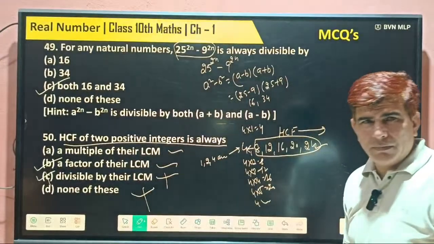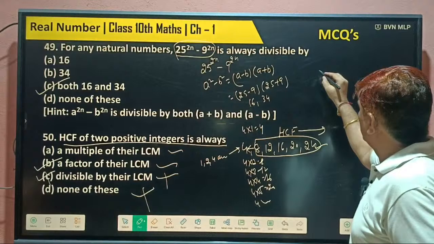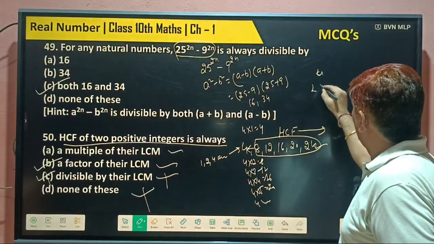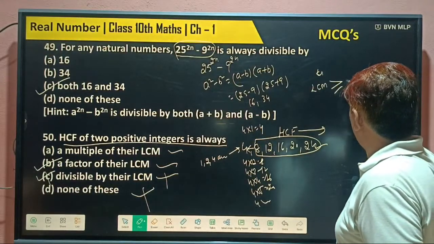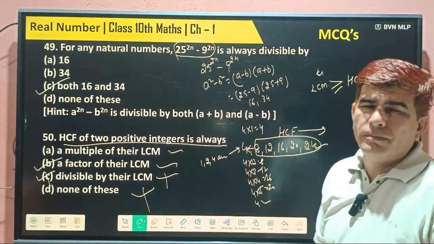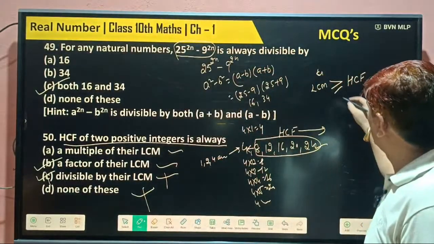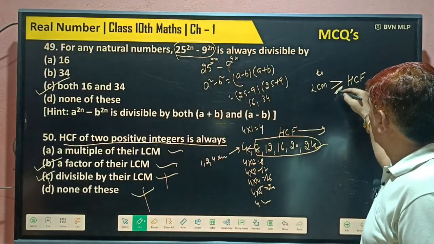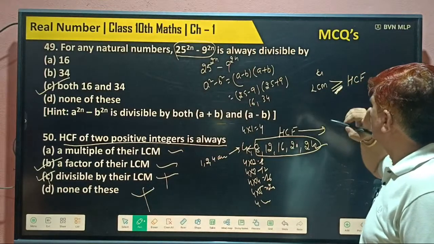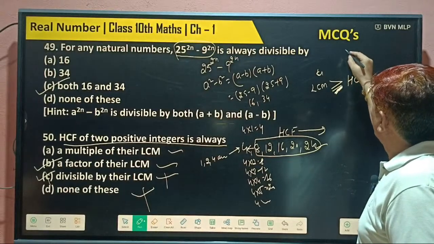And LCM is always greater than or equal to HCF. When does the equal to sign come? Never equal to, sorry for that. Somewhere we can say equal, like 1, 2.